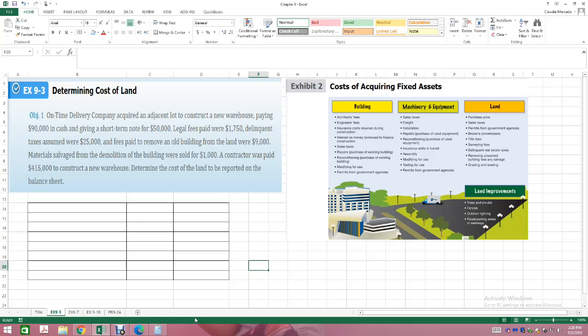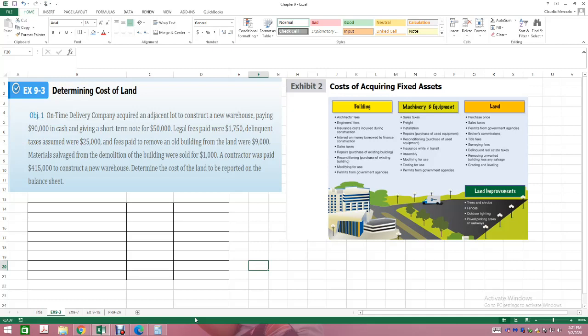Legal fees were paid of $1,750. Delinquent taxes assumed were $25,000, and fees paid to remove an old building from the land were $9,000. Materials salvaged from the demolition of the building were sold for $1,000. A contractor was paid $415,000 to construct a new warehouse. They're asking us to determine the cost of the land to be reported on the balance sheet.